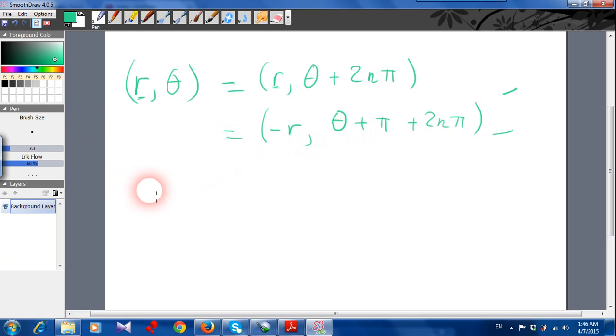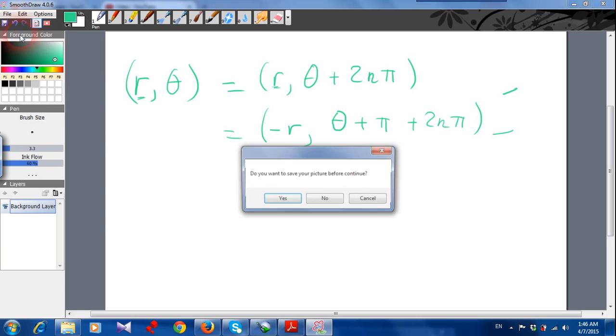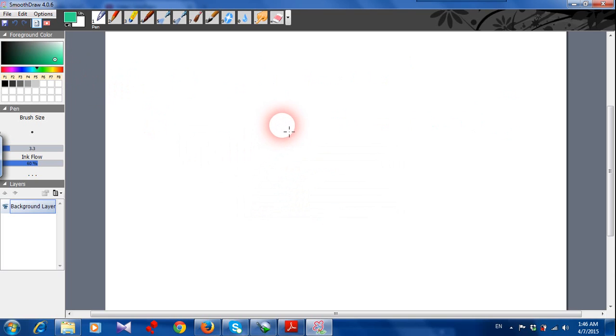So we move to the next problem. The next problem is we need to deal with the relations between polar and rectangular coordinates.